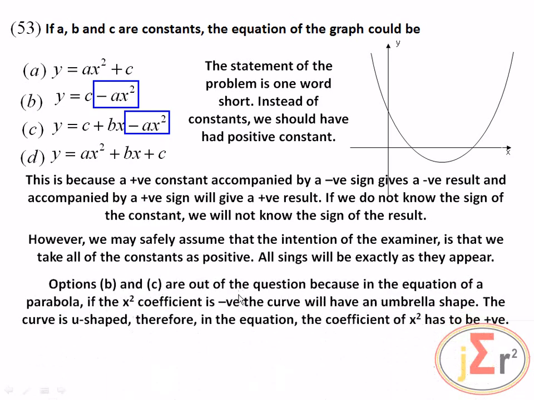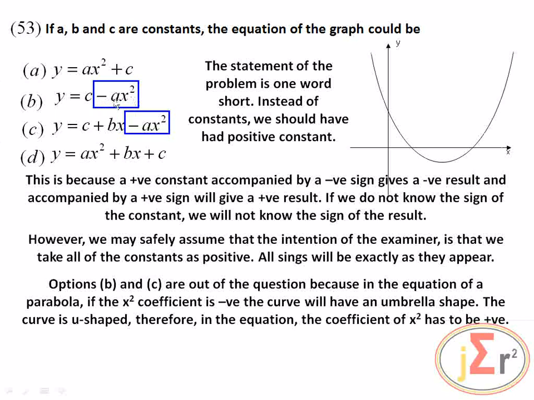Options B and C are out of the question, because in the equation of a parabola, if the x squared coefficient is negative, the curve will have an umbrella shape. The umbrella shape like this way. So if the x squared coefficient is negative, the curve will have an umbrella shape.